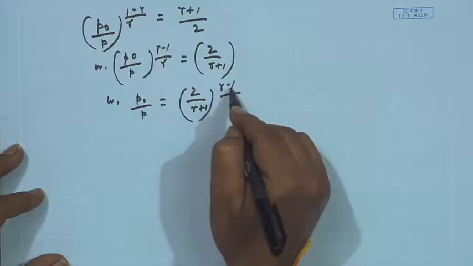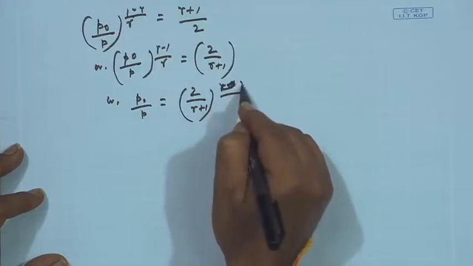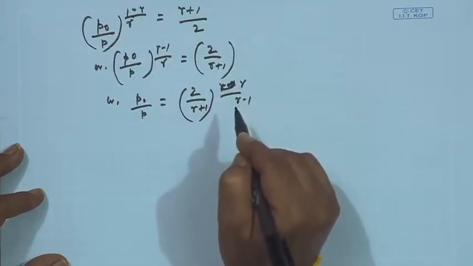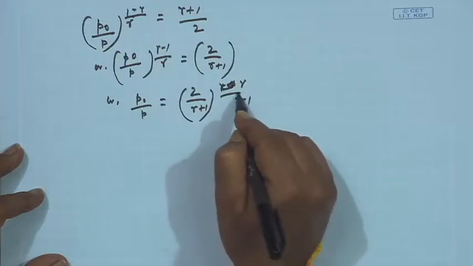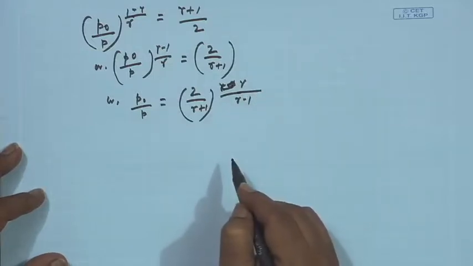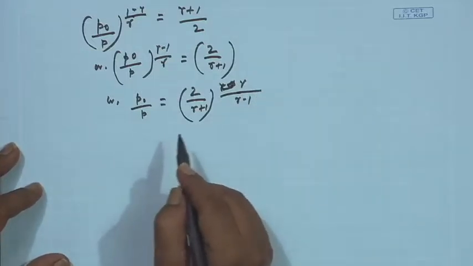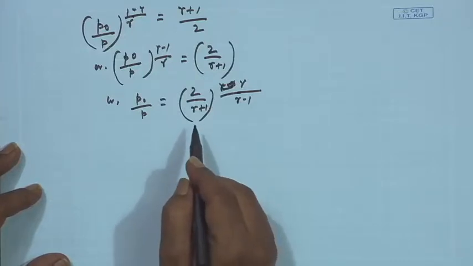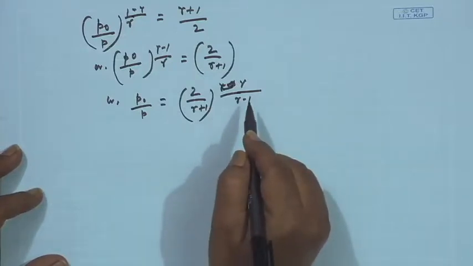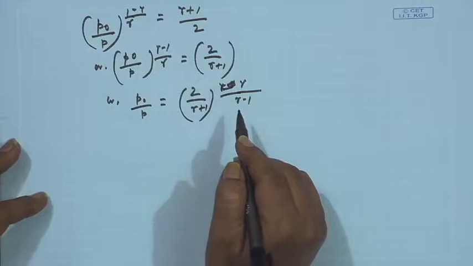So it will be gamma by gamma minus 1, right. This will be inverse. So gamma by gamma minus 1. So P0 by P is equal to 2 by gamma plus 1 to the power gamma by gamma minus 1, right.